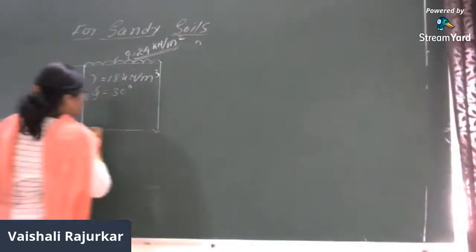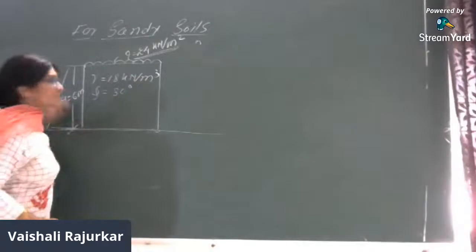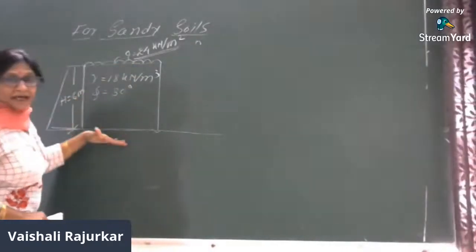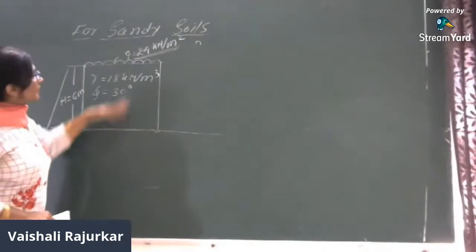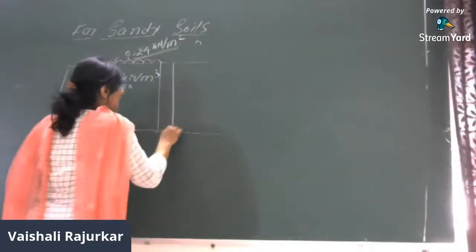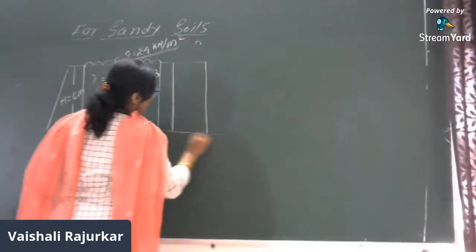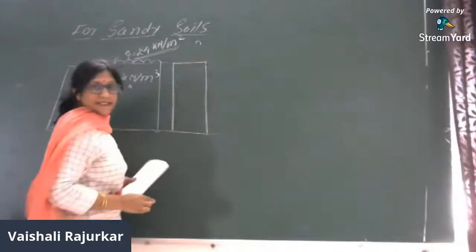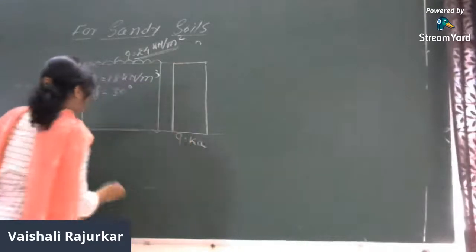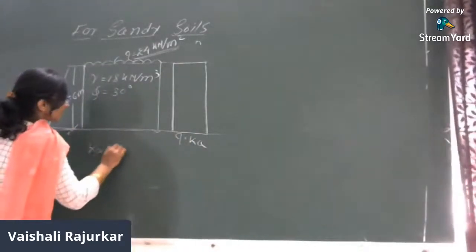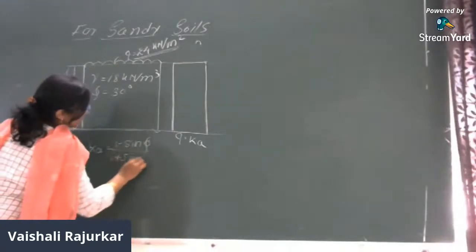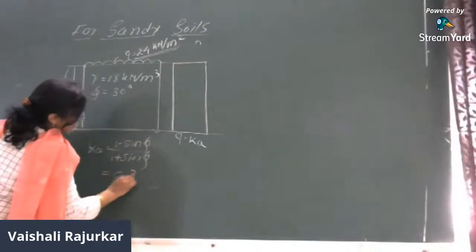Right? So in this case, the first pressure distribution diagram is due to the surcharge weight. The surcharge weight is uniformly acting over the whole load. Right? So the first pressure distribution diagram is a rectangular distribution diagram, due to the surcharge, and the intensity is q into Ka. So what is Ka again? Ka is 1 minus sin phi upon 1 plus sin phi, and it is found to be 0.33.